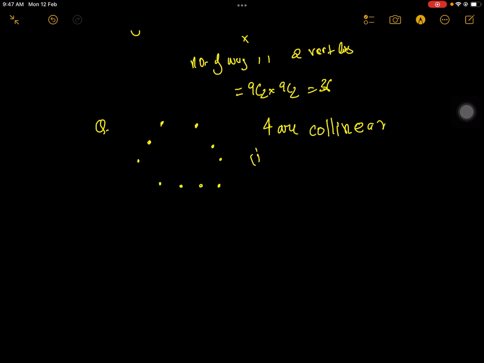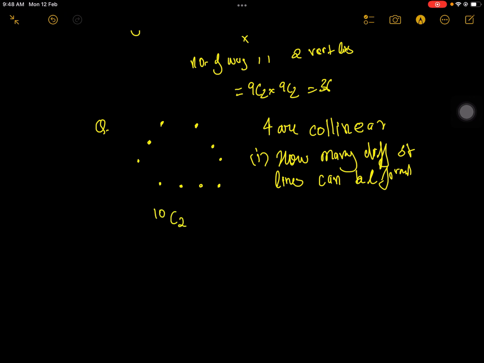So the first question is how many different straight lines can be formed? To form a line we need 2 points, obviously. And the total number of points is 10, so 10C2, this is the total lines.